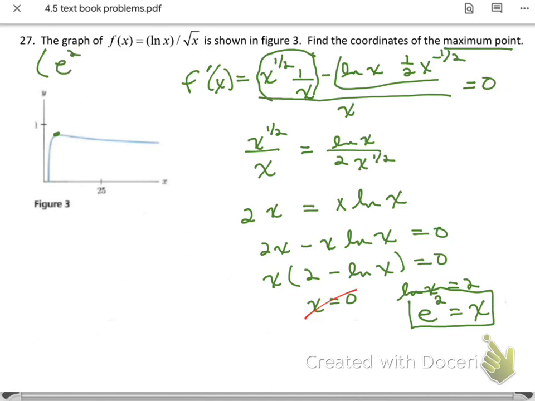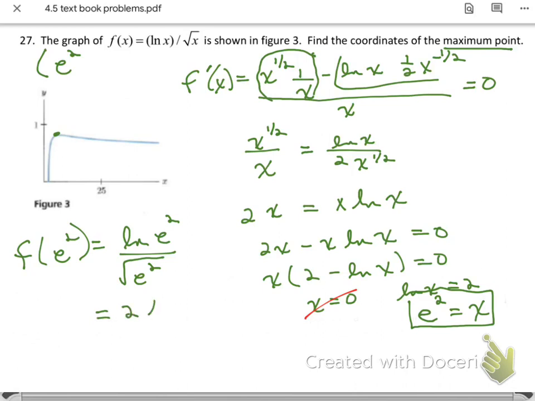Okay, so now you have to evaluate your original function at e squared in order to get your y value. So this is that, and this is going to be the square root of e squared. Okay, so look at the first term. How about if we just write that using our power property?